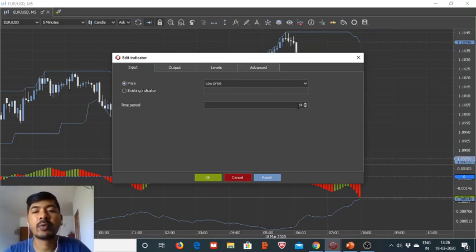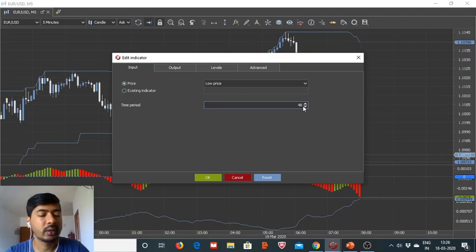Suppose we want the 4 hours data, what we will need is to utilize the 48 period time frame, and 48 multiplied by 5 will turn out 240 minutes, and 240 minutes is equal to 4 hours. So that will be the condition here.